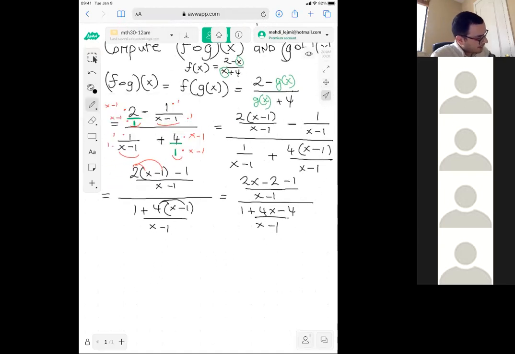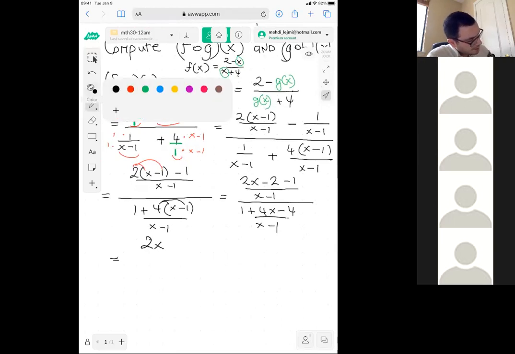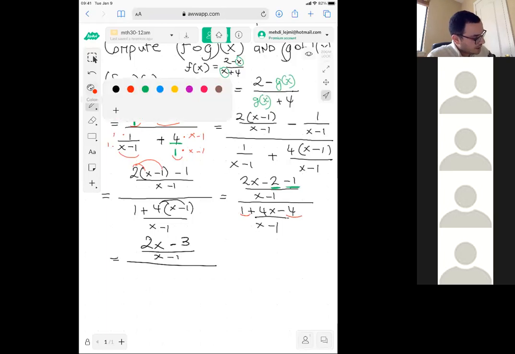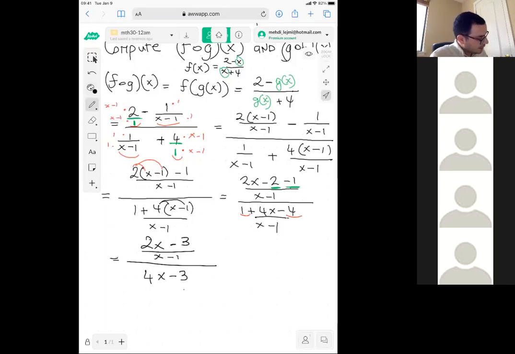Simplify the top: minus 2 minus 1 is minus 3, so 2x minus 3 over x minus 1. In the denominator, 1 minus 4 is negative 3, so it's 4x minus 3 over x minus 1.